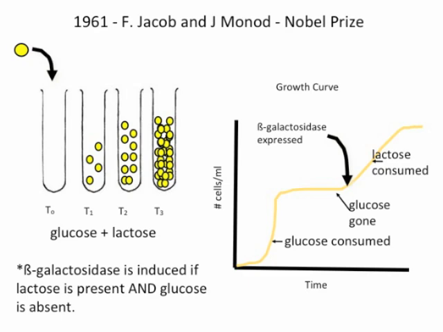Lactose was not broken down at all. The glucose was broken down first. At some point here, once the glucose disappeared, beta-galactosidase started being expressed and lactose started being broken down.